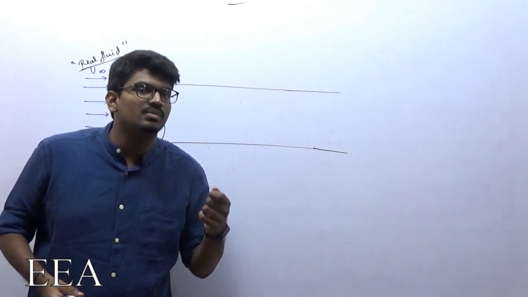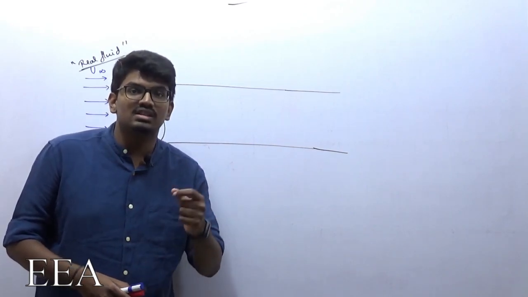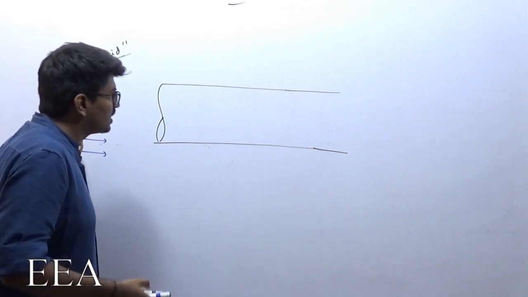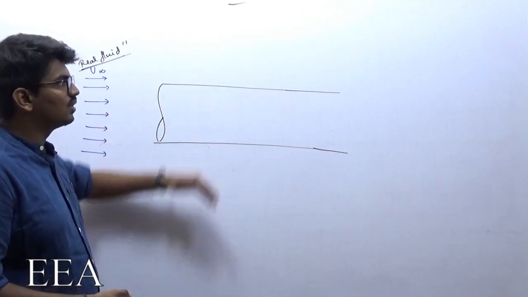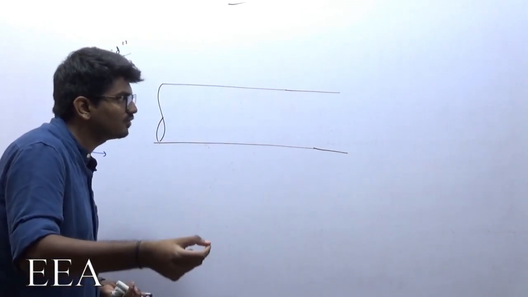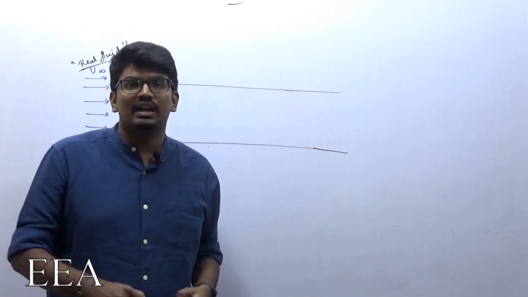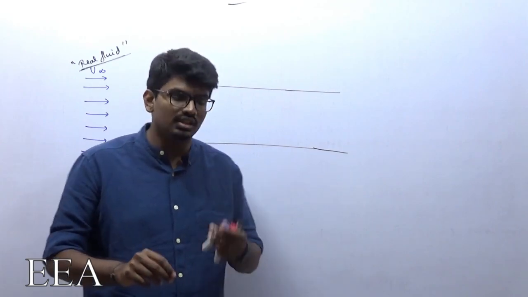You need to recollect something from your first chapter, that is the no slip condition. When we were discussing viscosity, I said what is meant by the no slip condition. Once this fluid flows inside, the interface of fluid and solid will reach zero velocity, or I can say that the relative velocity between solid and fluid at the interface is zero.